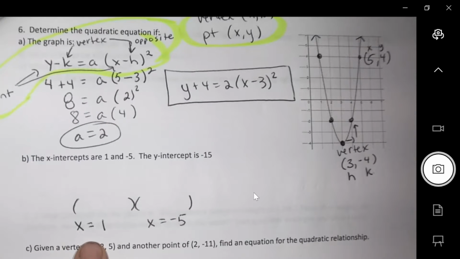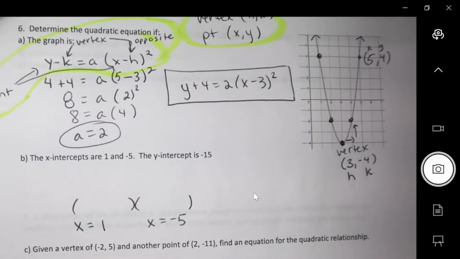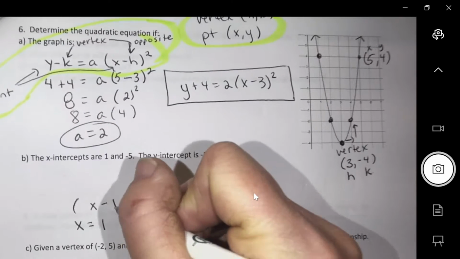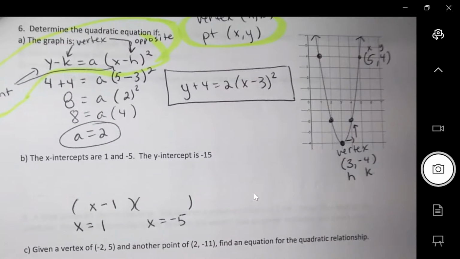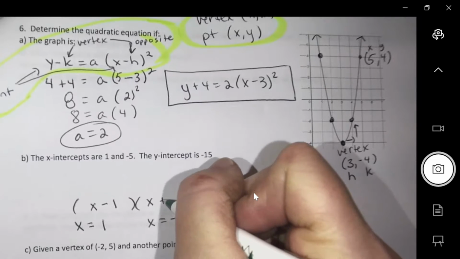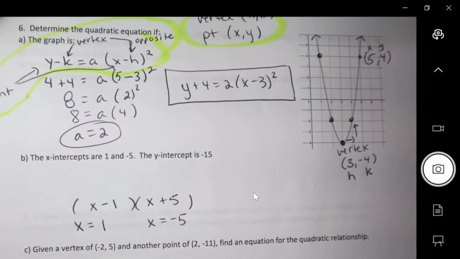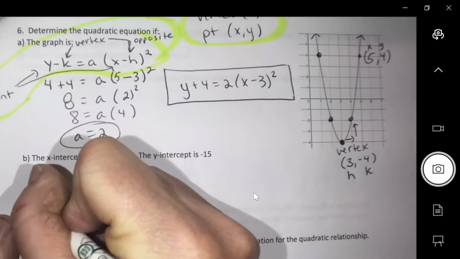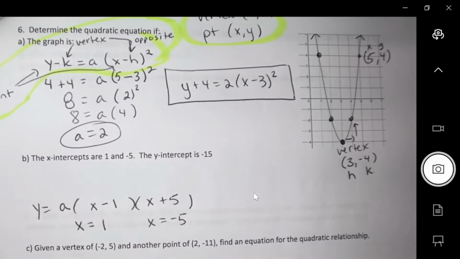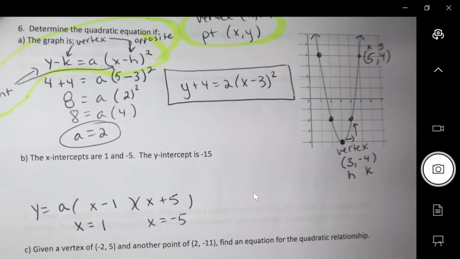So the x-intercept of 1 would mean the bracket would be x minus 1. Think about your factoring stuff going backwards. If you had an x-intercept of -5, then this bracket was x plus 5. Y equals, and there might be a multiplier in front yet.